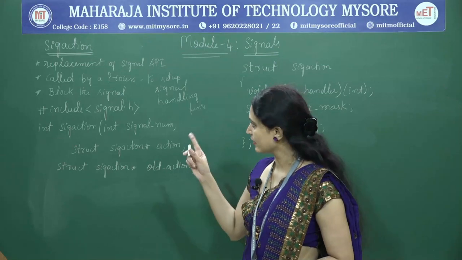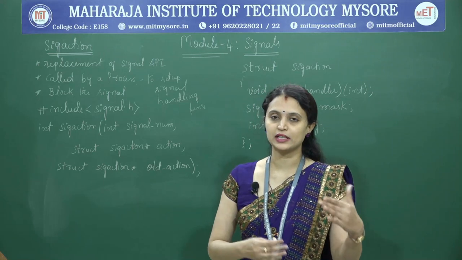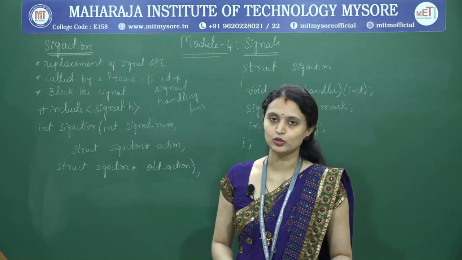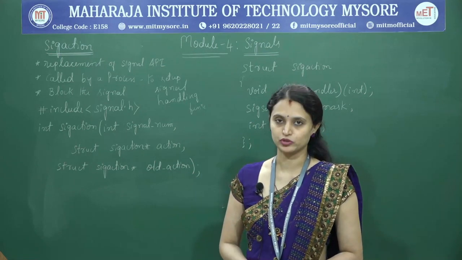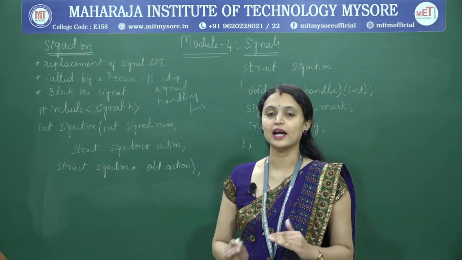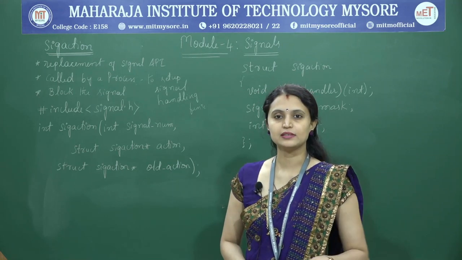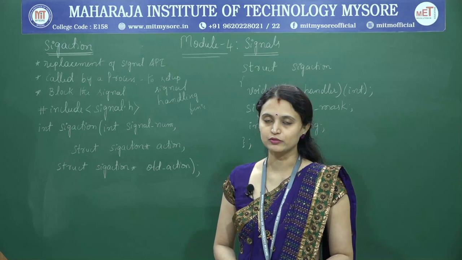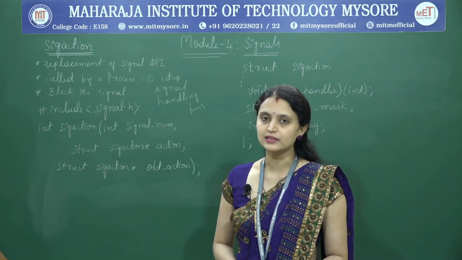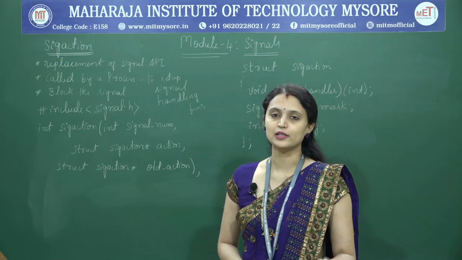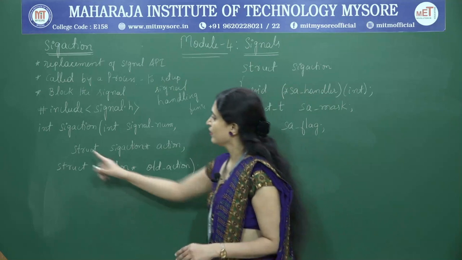Suppose the process is executing an API and wants some of the signals to be blocked, in that case also this SIGAction API can be used by that process. So basically SIGAction can be called by the process either to set up the signal handling function for all the signals, or to block the signals whenever the process is executing some other APIs, okay.